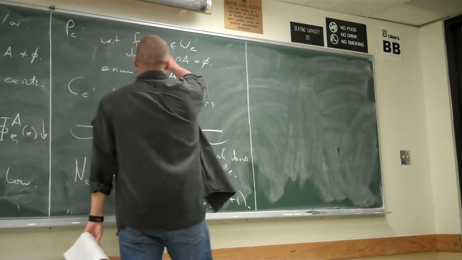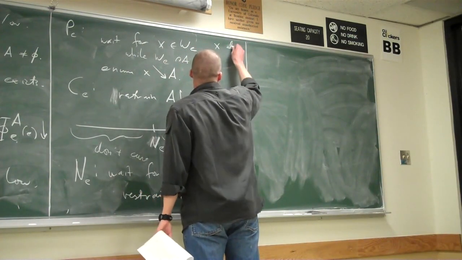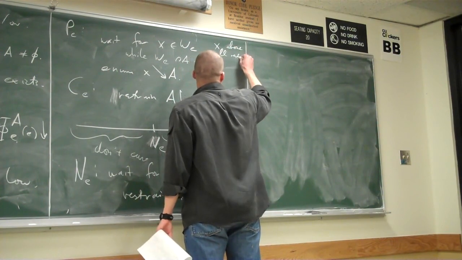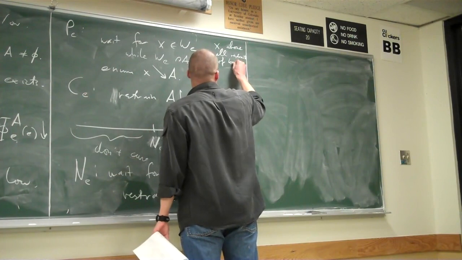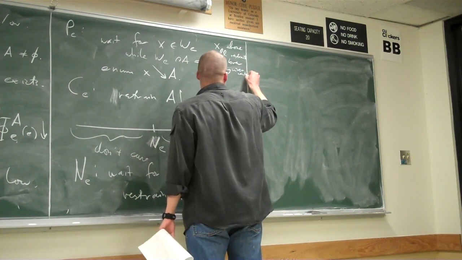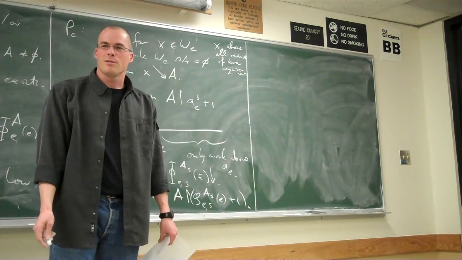For N_e, you just have to say, wait for x above all restraints of higher requirements.